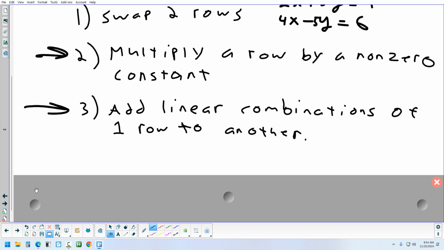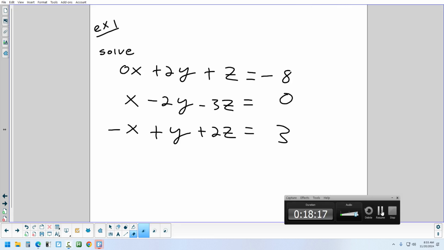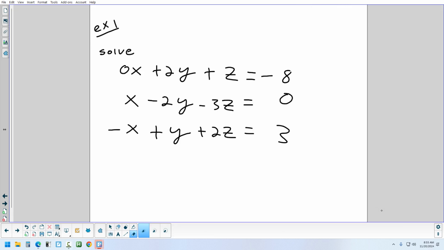All right, so now we'll just look at some examples. Okay, so let's take a look at solving this problem using a matrix.